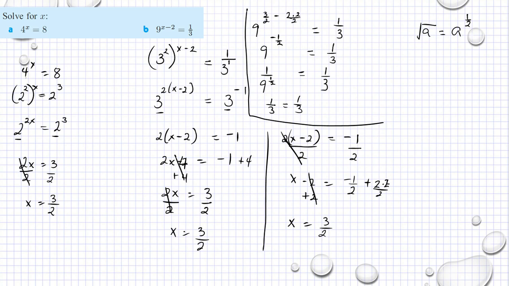And here, let me take another color. So if we have 4 raised to 3/2 is equal to 8. So if I have 4 raised to 1/2, raised to 3, is that equal to 8?